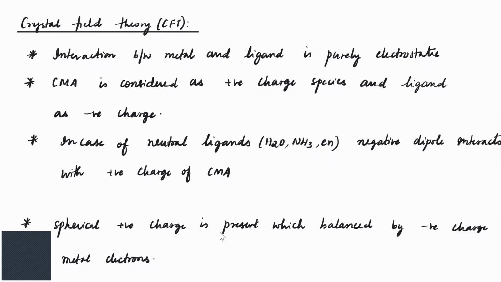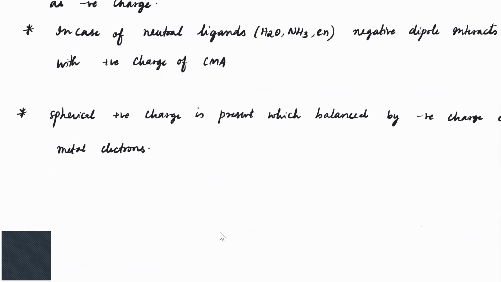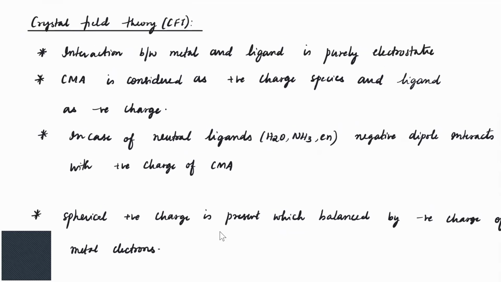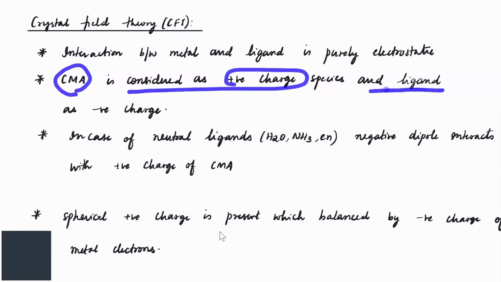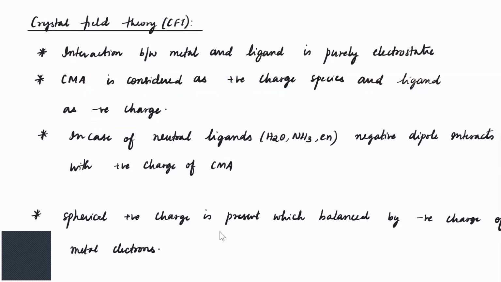According to crystal field theory, what we assume is that the interaction between the metal and the ligand is purely electrostatic. So you expect that the bond is purely electrostatic, which means an ionic bond. The central metal atom is considered a positively charged species, and the ligands are considered negatively charged species.